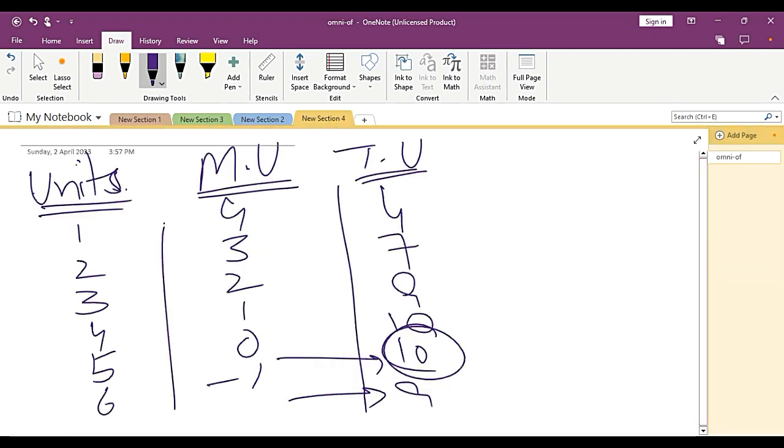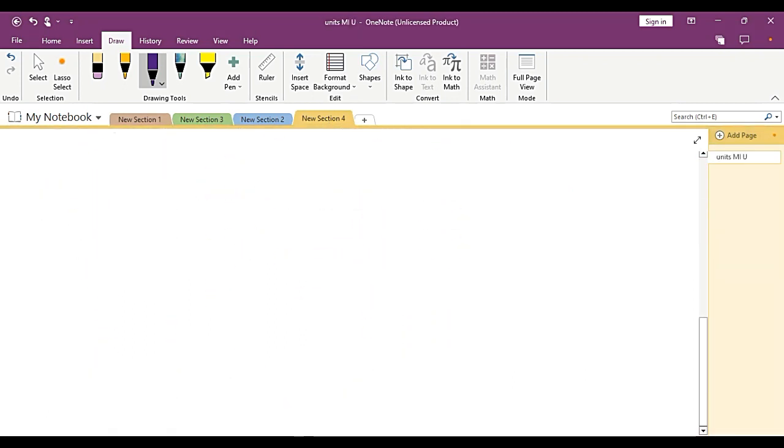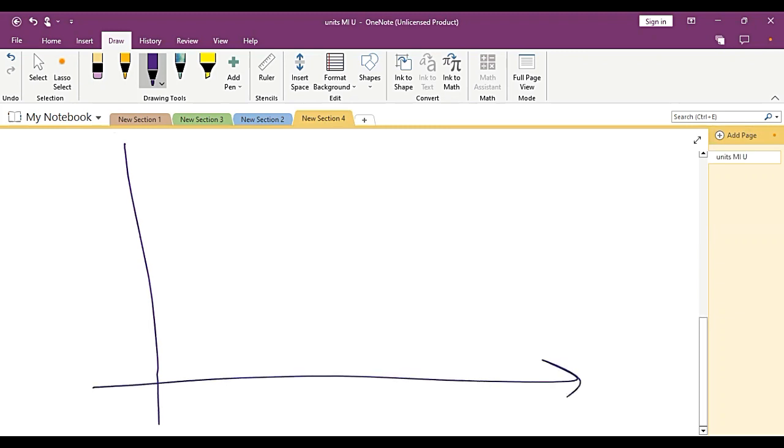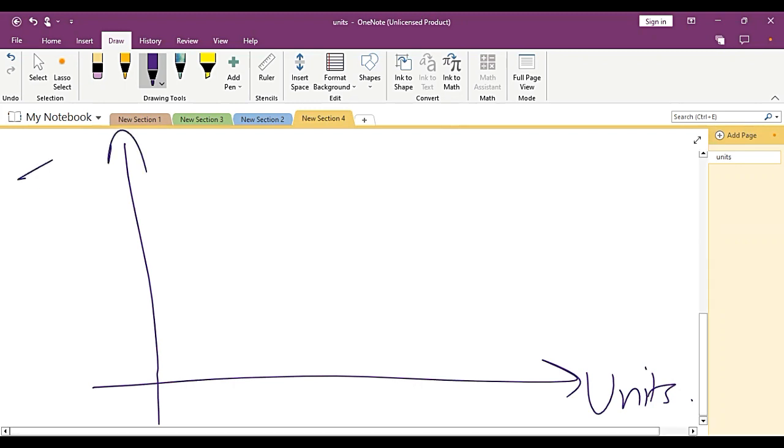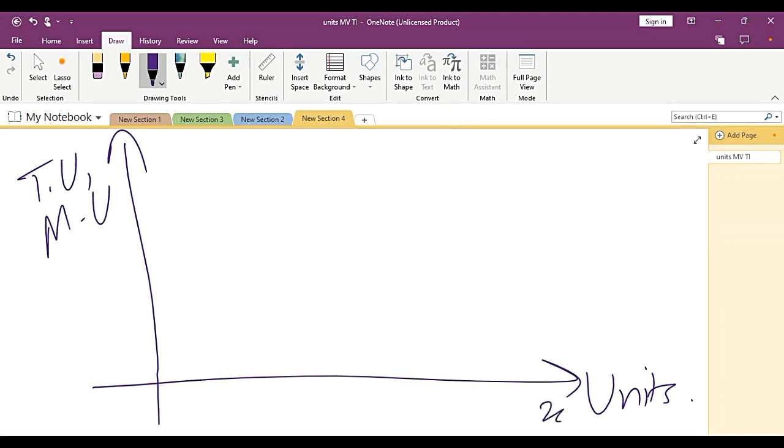The diagram will be drawn with all the units taken on the x-axis, while total utility and marginal utility will be taken on the y-axis.